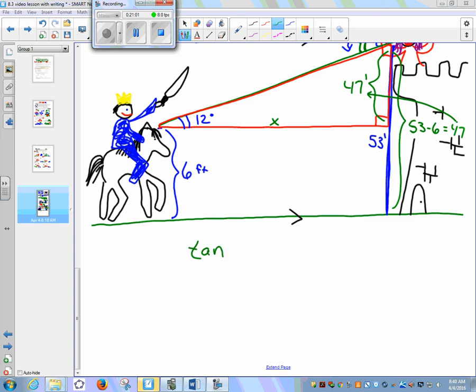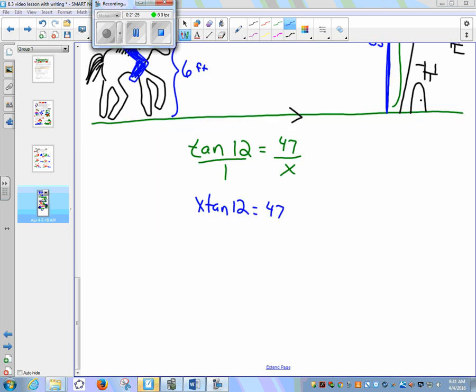So we're going to do tan 12 equals opposite 47 over adjacent x. Right? This is opposite. This is adjacent to our reference angle. So this time we have x tan 12 equals 47. So we have to do a division on our calculator, 47 divided by tan 12.